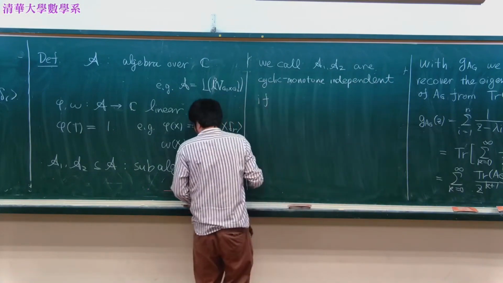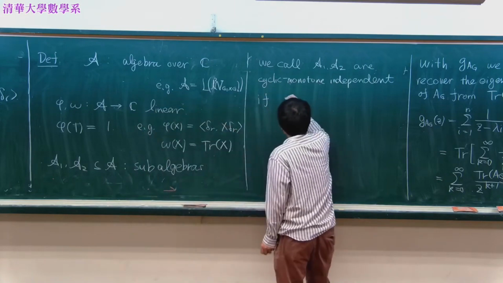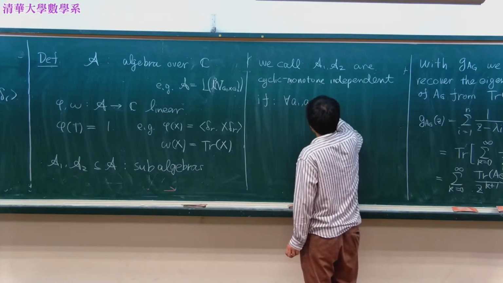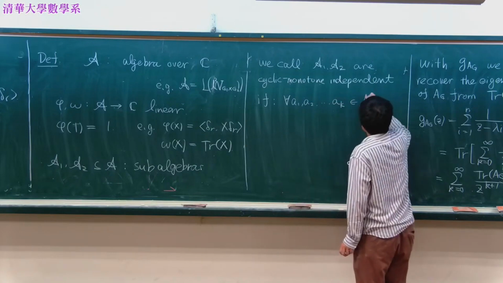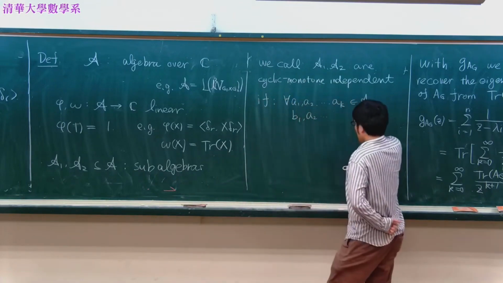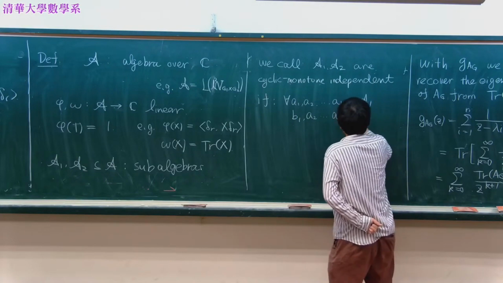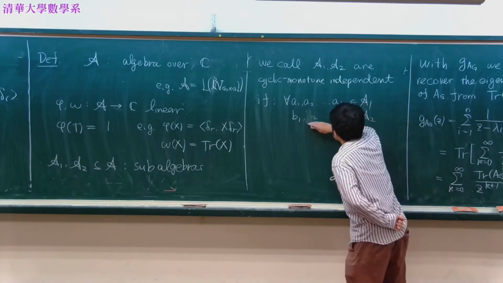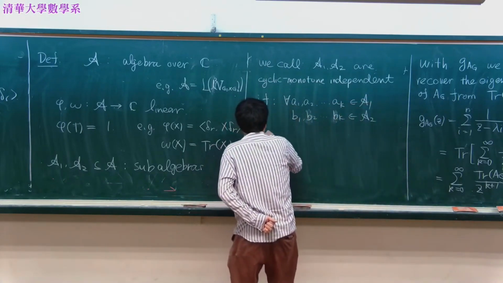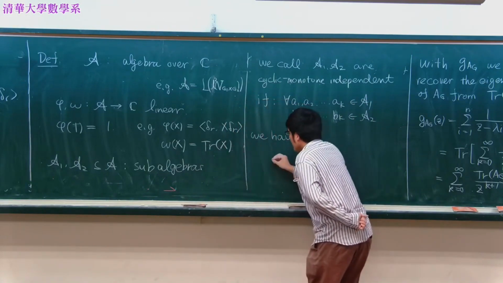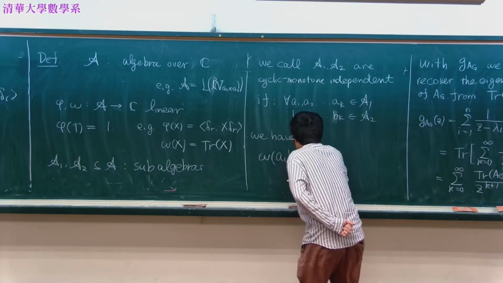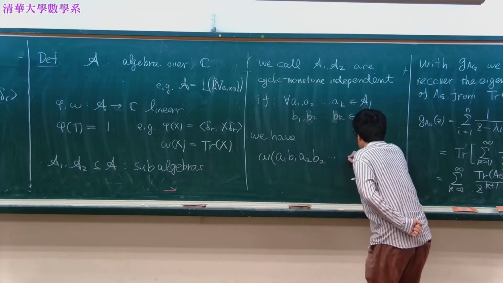If we have the following calculation formulas, for any A1, A2, up to AK from algebra A1 and B1, B2, up to BK from algebra A2, we want to compute omega of A1, B1, A2, B2, up to AK, BK.